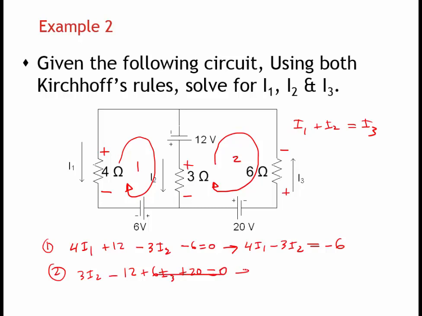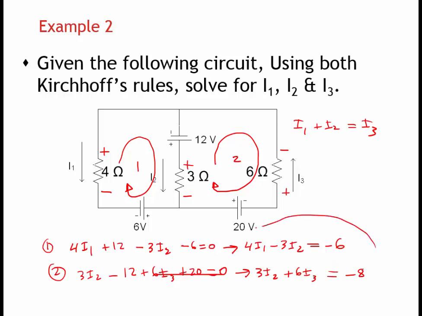And then again we can rewrite this, so this becomes 3I2 plus 6I3, and minus 12 plus 20 will give me 8. Bring that on the other side, becomes negative 8.